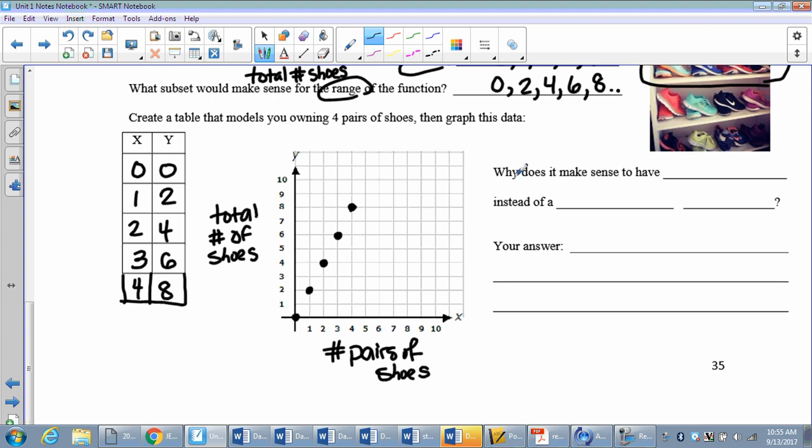The question I'm asking here is, why does it make sense to have points and whole numbers? Whole numbers meaning we have no decimals, we have no fractions, instead of a continuous line.